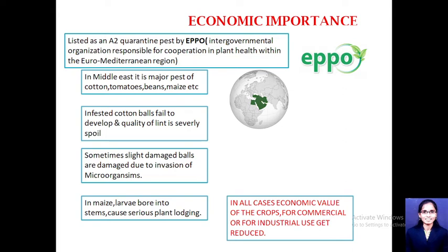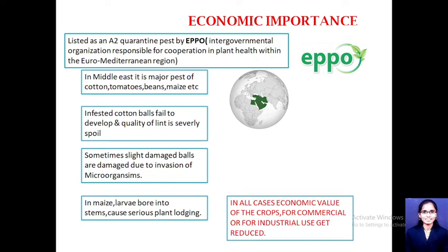Whenever it infests the cotton balls, it decreases the lint which we get from that cotton, and obviously the thread which we get will be of poor quality. It bores into the wall of the fruit, so that fruit gets infected with microbial or fungal infection, and it will also decrease the yield of the crop.